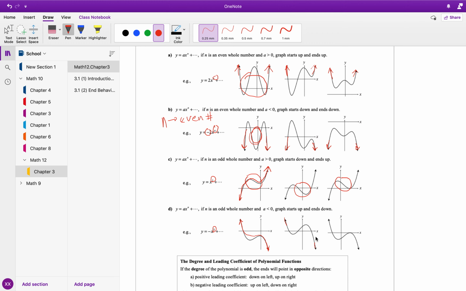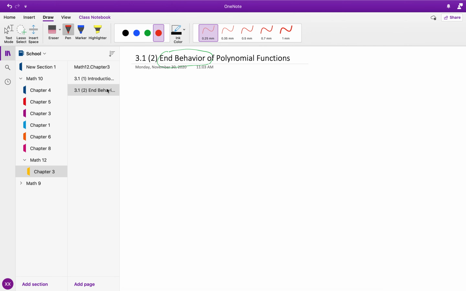So the end behavior now, what we can tell is basically for any f(x) equals a_n x to the n plus so on, all the way to plus a_1 x plus a_0.